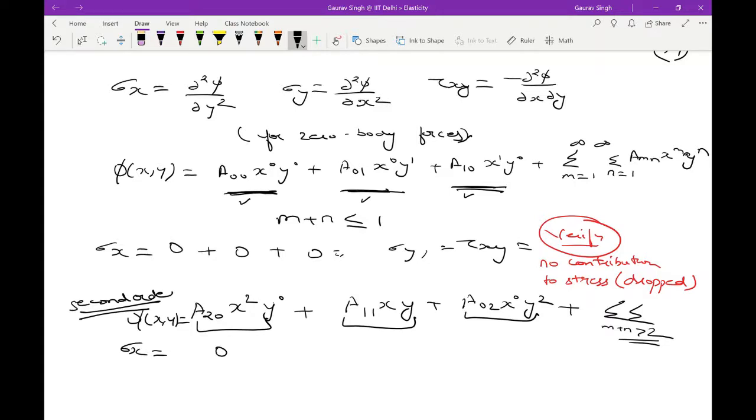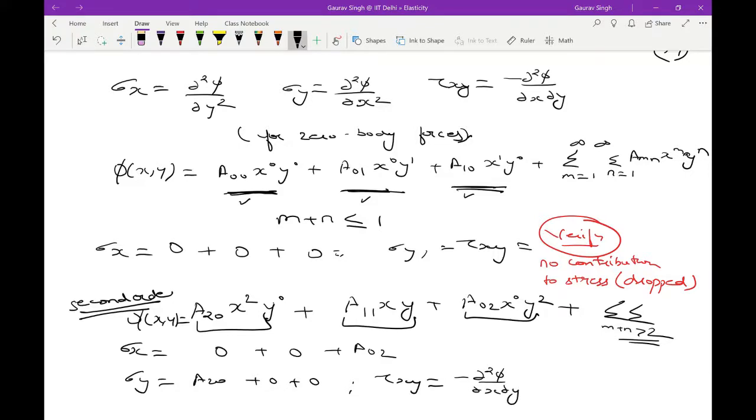This term is 0, this term is 0, and this term would give you a02. Sigma y would be dou 2 phi by dou x square, so a20 plus 0 plus 0, and tau xy will be equal to minus of d2 phi by dx dy, so that would be 2 times of minus of d2 phi by dou x dou y.